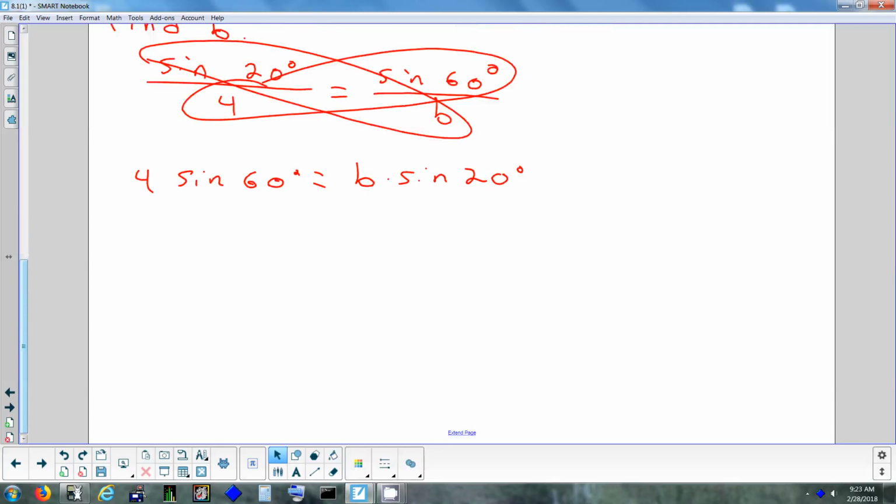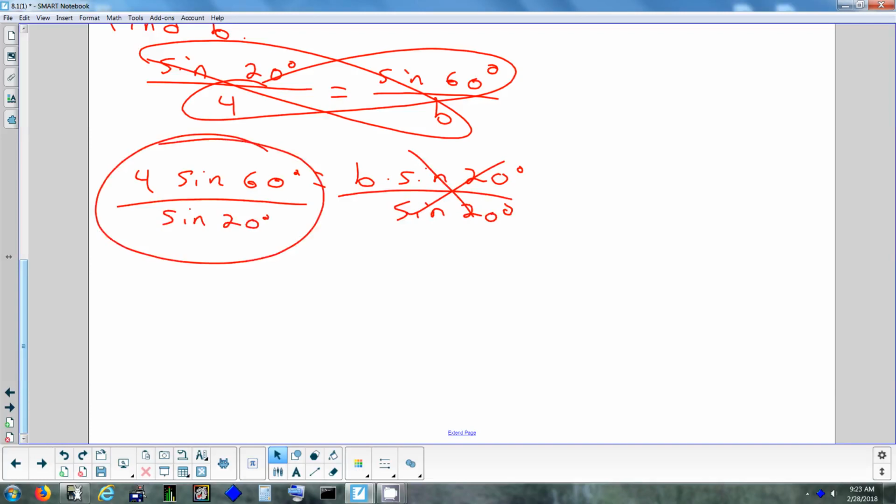What would I do on each side to get B by itself? Divide by sine 20. Yeah, divide by sine 20. Don't even worry about what sine 20 is. I'm never even going to know what it is in this problem. I'm just going to divide by it. And now, that's my answer.